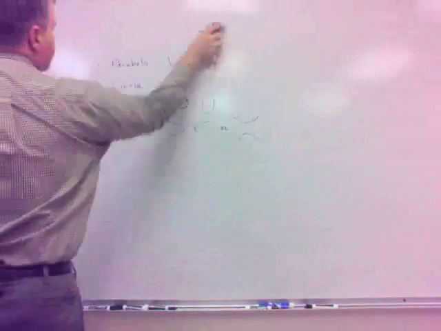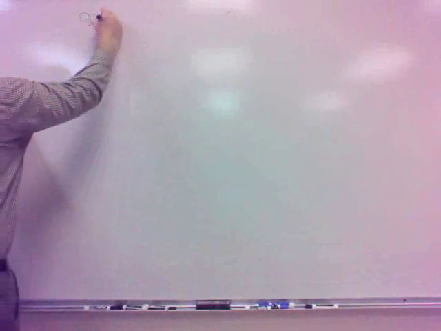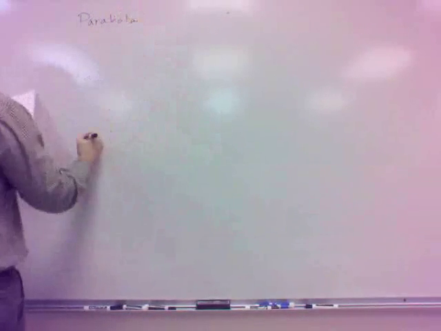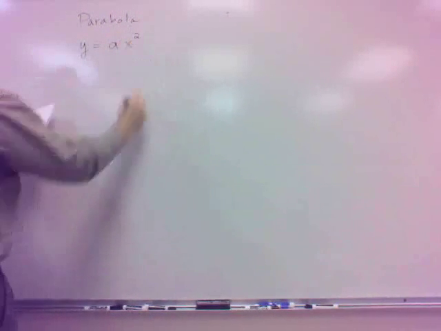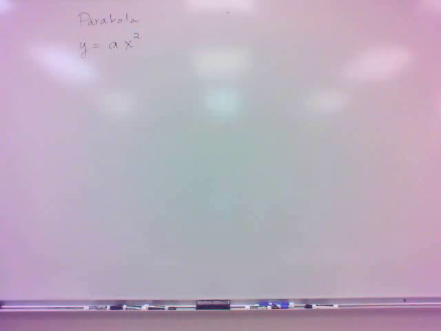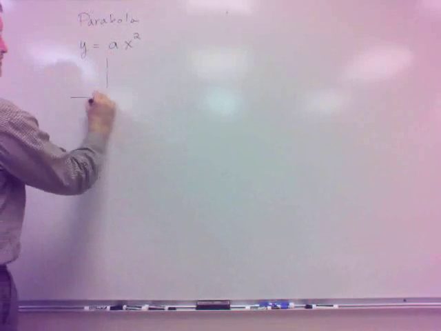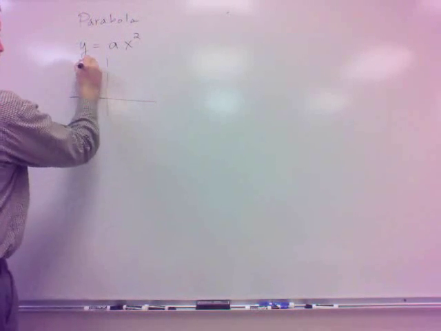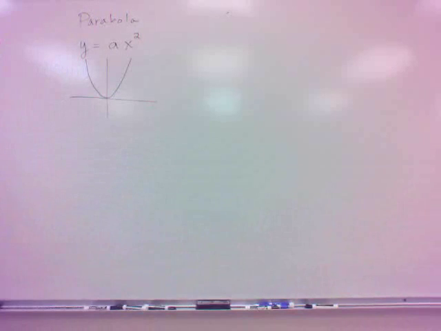All right. So let's talk a lot more about here the parabola. We are familiar with these, y equals ax squared, a being any number you want there. When you have that type, well, you've got a parabola that either opens up or down.